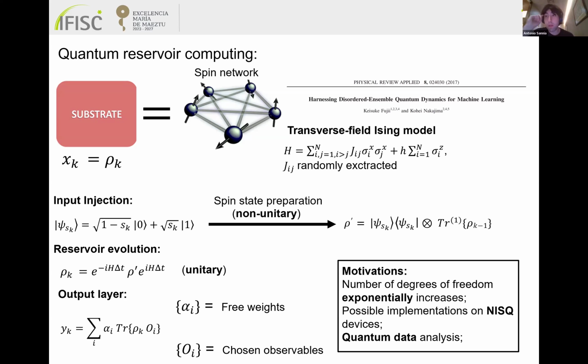Now, the motivation for making it quantum is that the number of degrees of freedom that we can extract from the system increases exponentially.